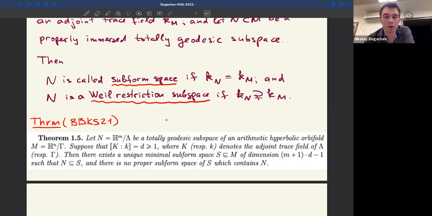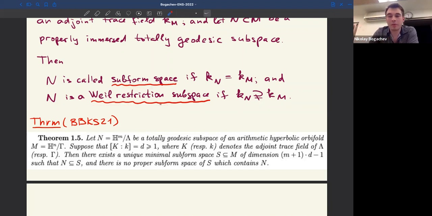So there is a chain of inclusions, right? And for S, this inclusion corresponds to subform spaces when the field is the same, but here the field can already become bigger. Roughly speaking, it means that we have either these 2 types of arithmetic immersions or a combination of these 2 types.